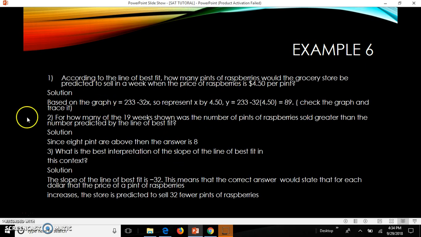Second question: for how many of the 19 weeks shown was the number of pints of raspberry sold greater than the number predicted by the line of best fit? What they're asking you here is this. Just look at it. The number of pints of raspberry sold greater than the number predicted by the line of best fit. Where's the line of best fit?